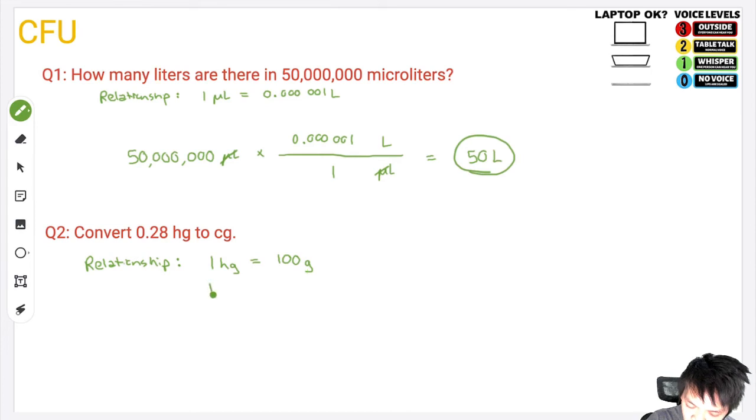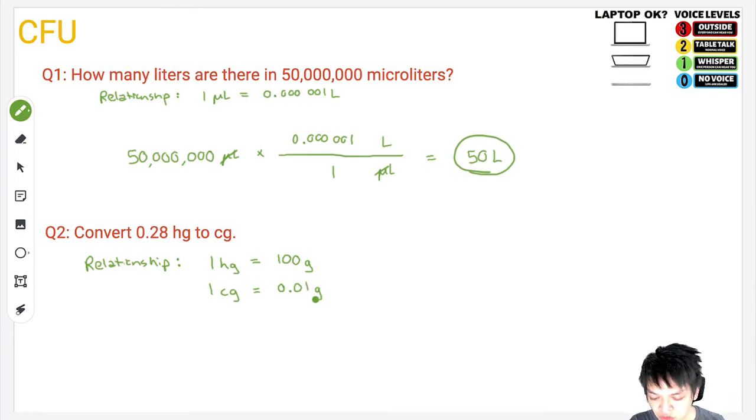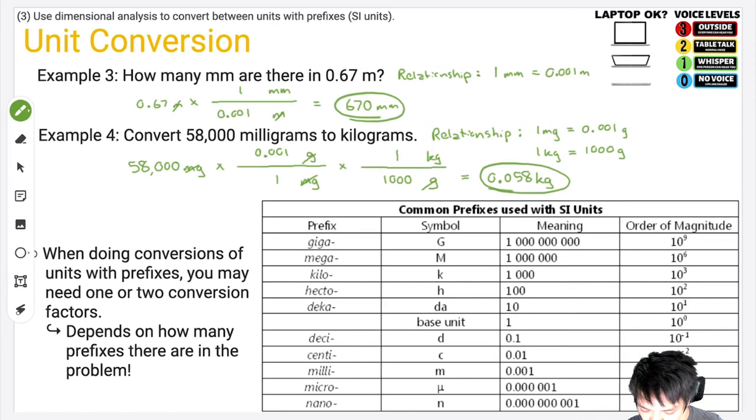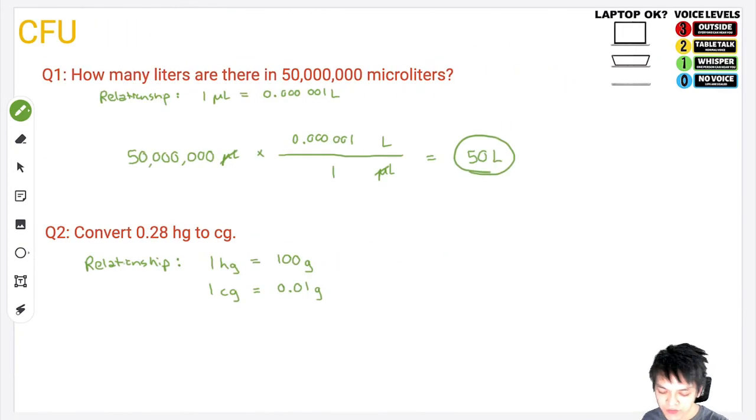And 1 centigram is how many grams? 0.01 grams, I believe. I do have to double check this one. Let me peek. Oh yeah, okay. Whew, I got it right. 1 hectogram equals 100 grams, 1 centigram equals 0.01 grams.